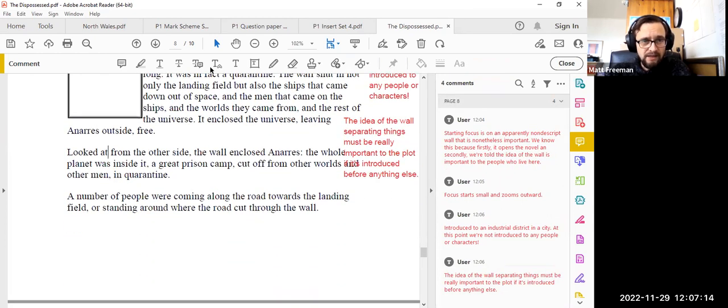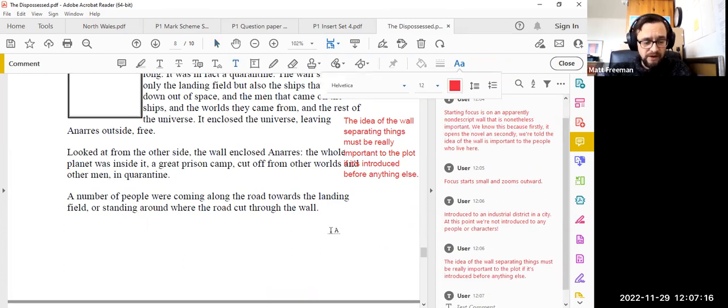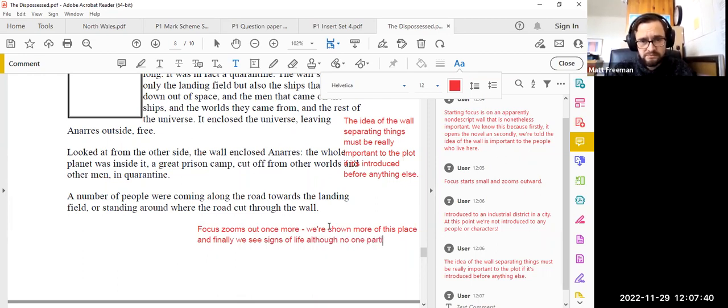Okay. And now the focus zooms out once more. We're shown more of this place. And finally, we see signs of life, although no one particular person has been introduced yet.